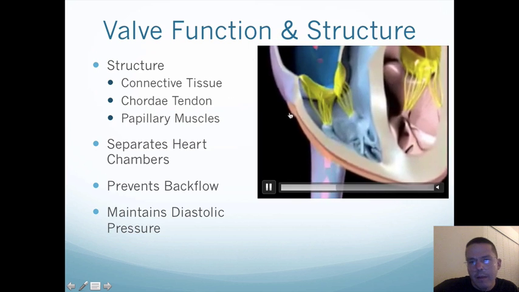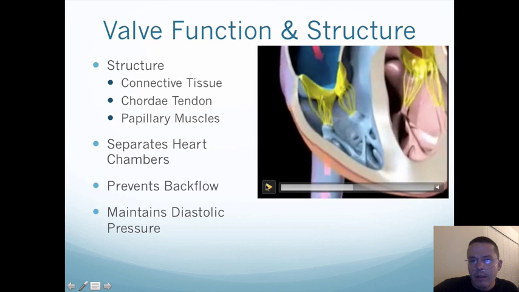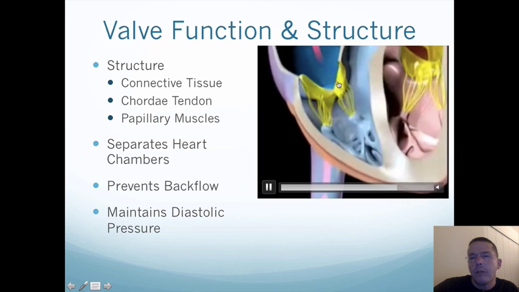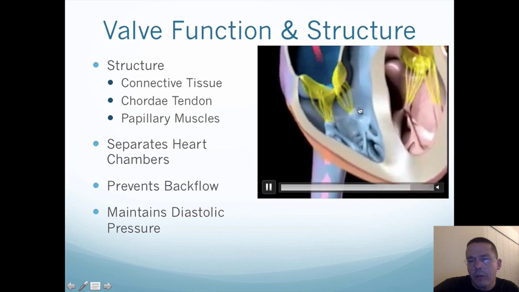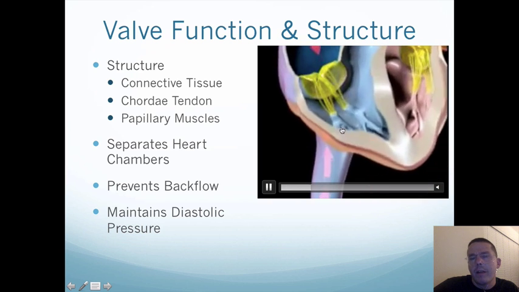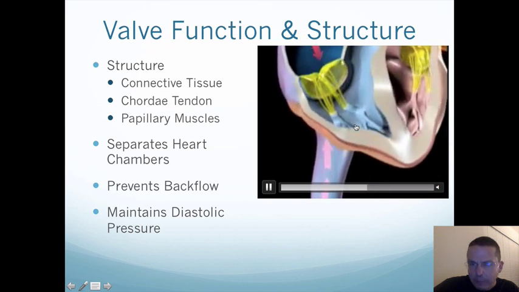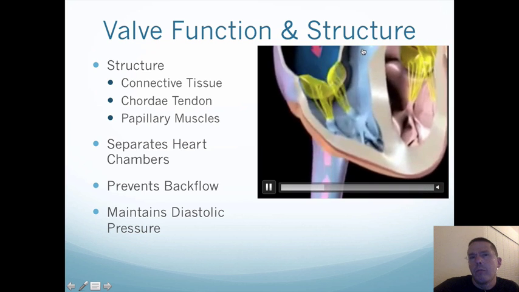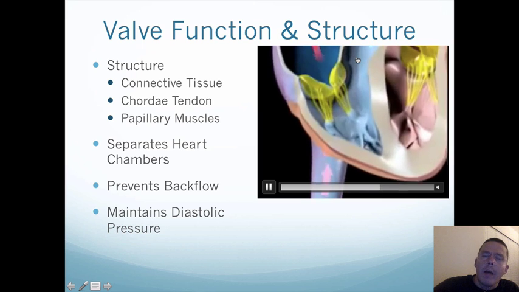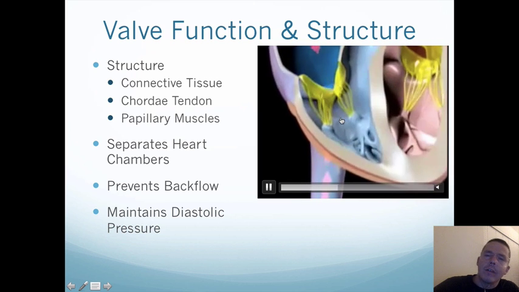As the ventricle contracts, it forces the pressure on the inside of the ventricle to increase. As the pressure increases, the valve is closed and the blood is ejected to whichever distal portion there is. But as the valve closes, blood backflow is prevented.